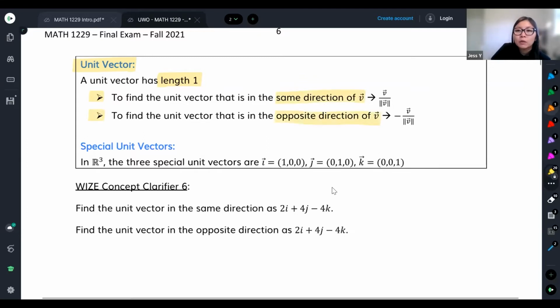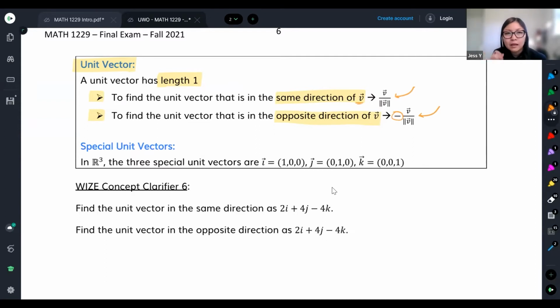And there's a little formula that I need you to memorize for me. If they're asking for the unit vector in the same direction as v, what you're going to do is take the vector v divided by its length. If they want the opposite direction, then you take the vector v divided by its length, but then stick a negative in front because opposite means negative multiple, right?